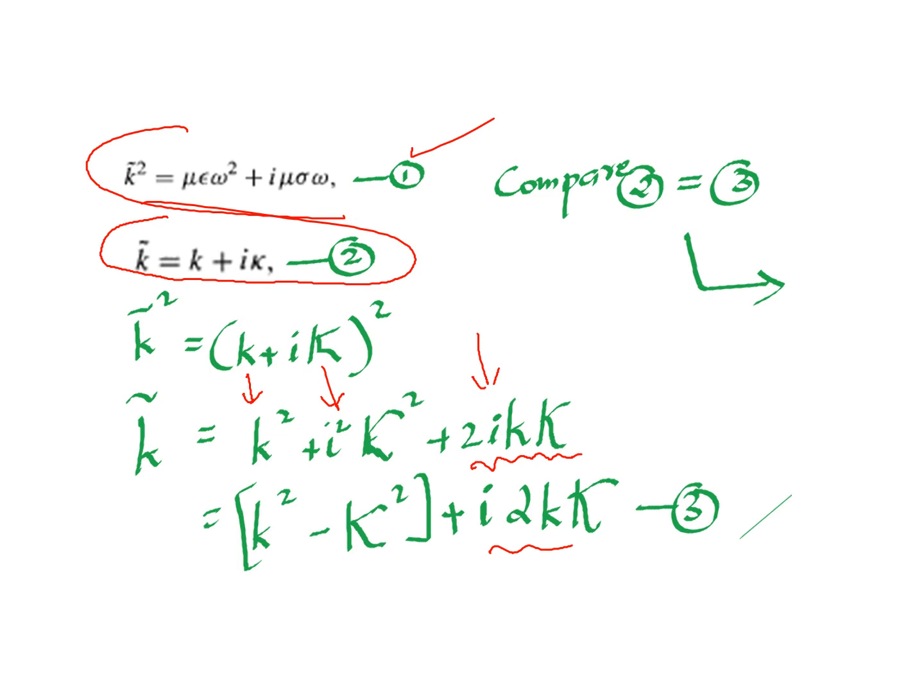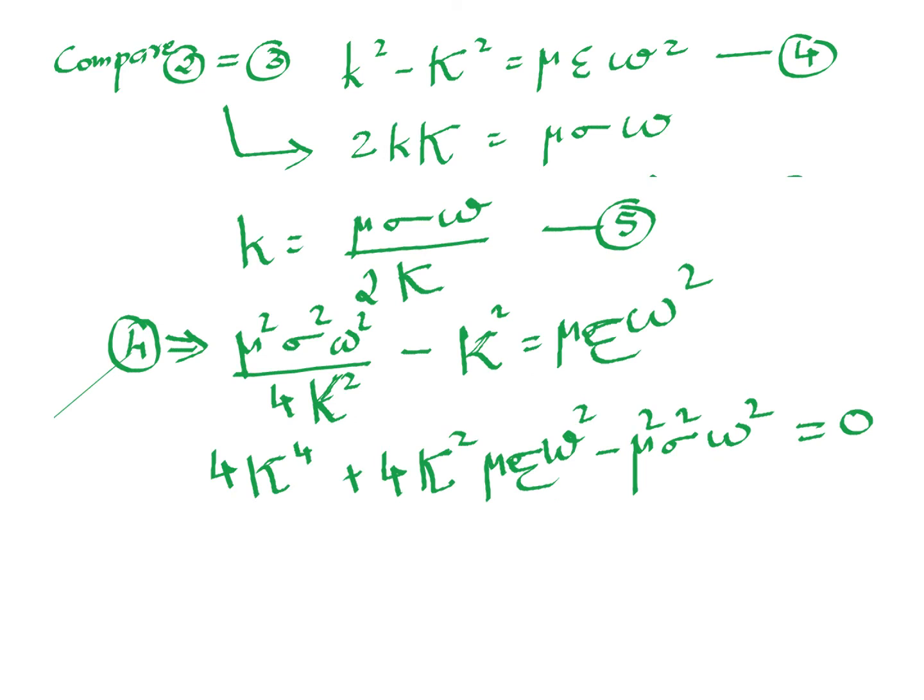Now comparing this with the first equation, that is k bar square. There are two equations, equation number 1 and equation 3, both representing the same quantity. So when you compare the real part and imaginary part, you will get k square minus kappa square equal to mu epsilon omega square.